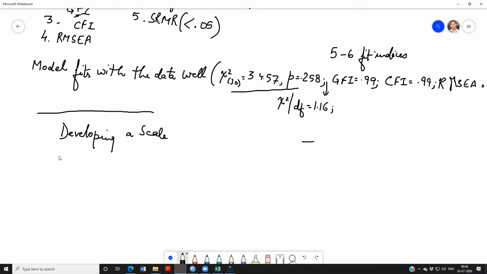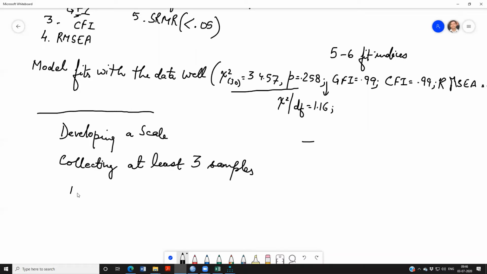If you are developing a scale, you will have to think about collecting at least 3 different samples of data, right?